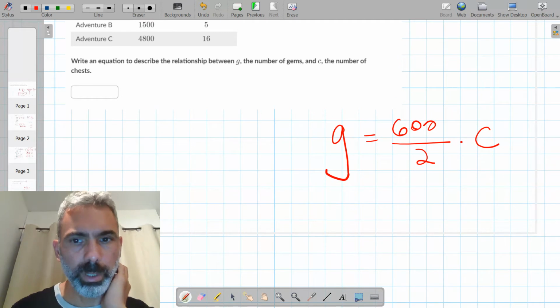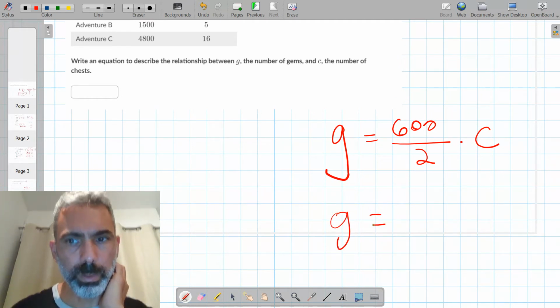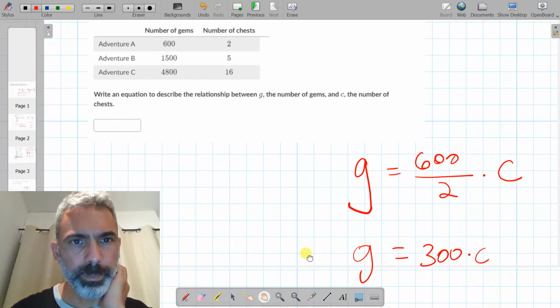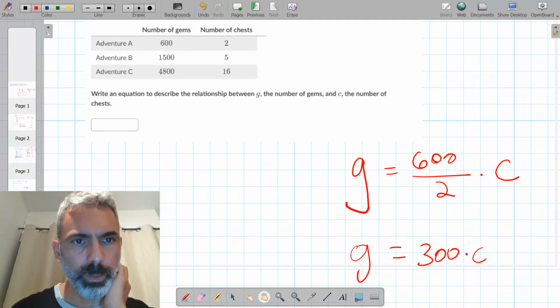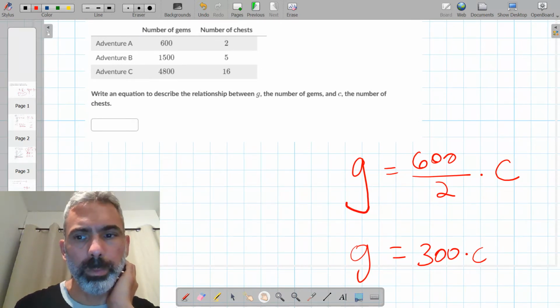So G equals 300 times C. Okay, so the constant of proportionality is between the number of gems and the number of chests.